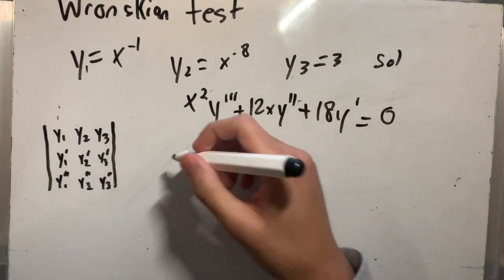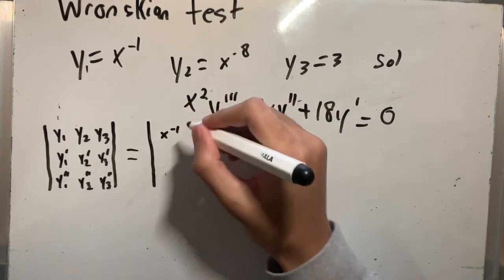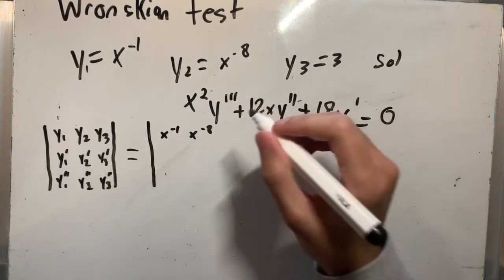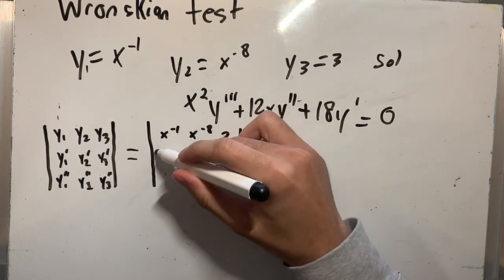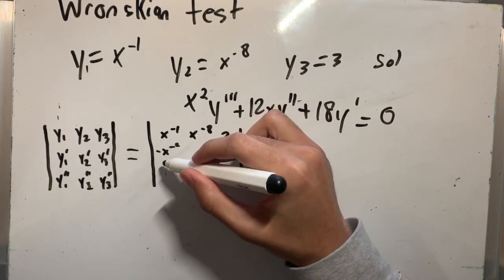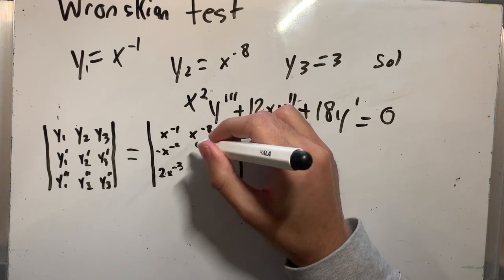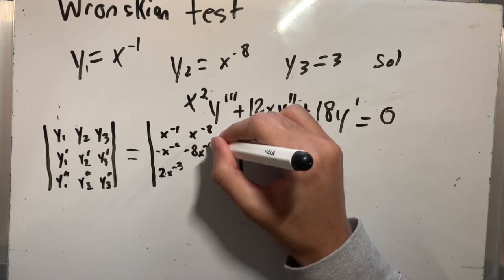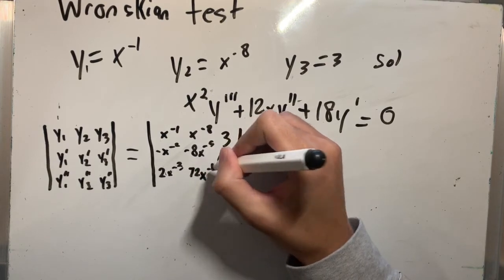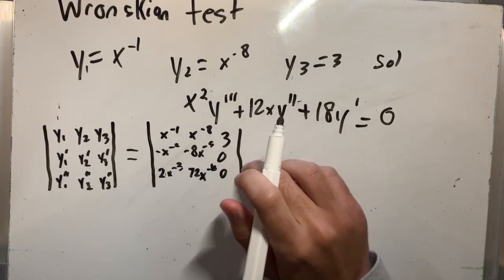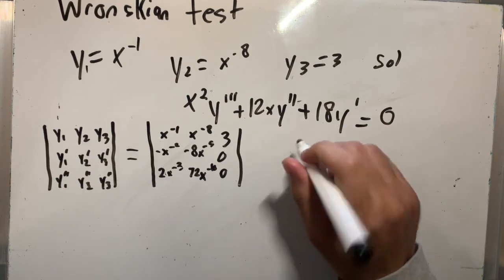So for this one, it's going to be x^-1, x^-8, 3. Then the first derivatives: negative x^-2, negative 8x^-9, 0. Then the second derivatives: 2x^-3, 72x^-10, 0. You'd want to find the determinant along the zeros, which would be the easiest.